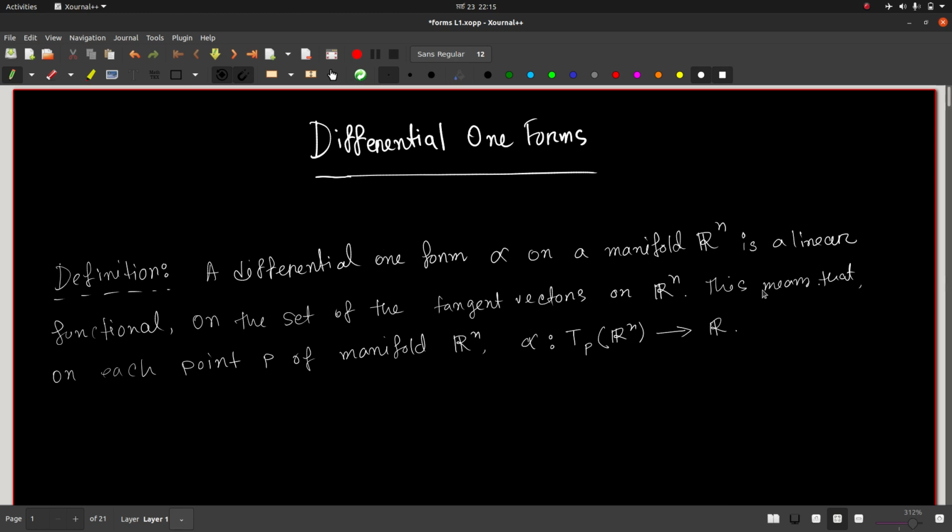So this is the definition of a differential one form that we are denoting with alpha, and we will see what alphas look like actually in a few minutes. But in addition to this definition, alpha will also satisfy the following.